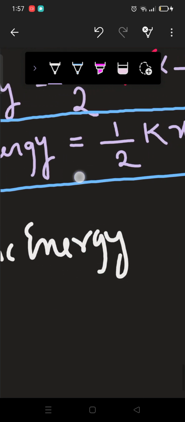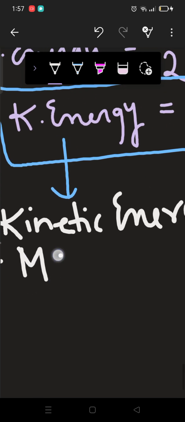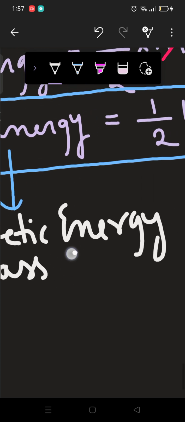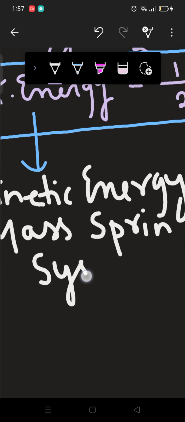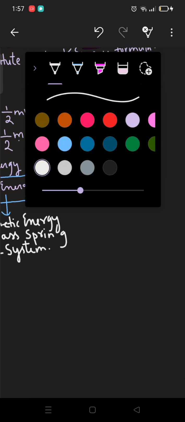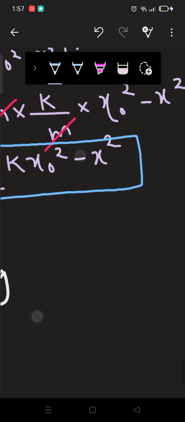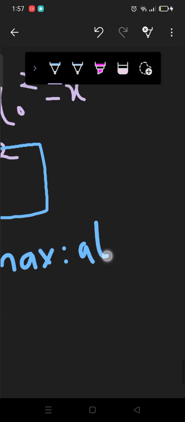Kinetic energy of mass spring system. And where we're going to have maximum kinetic energy? We're going to have maximum kinetic energy at the mean position.